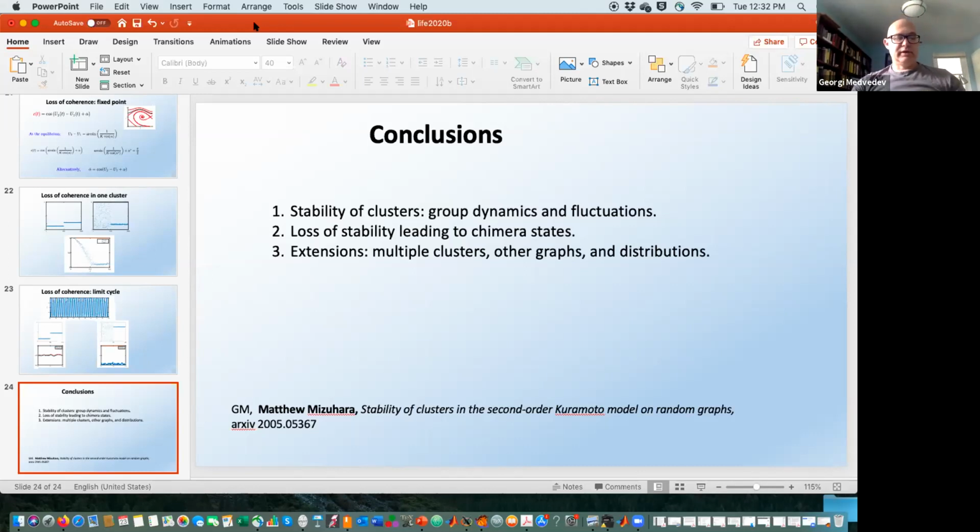You will end up with a system of M coupled second order equations for group dynamics, and then M coupled Vlasov equations, right? So on this level there's no principal difficulty in extending it to more clusters.